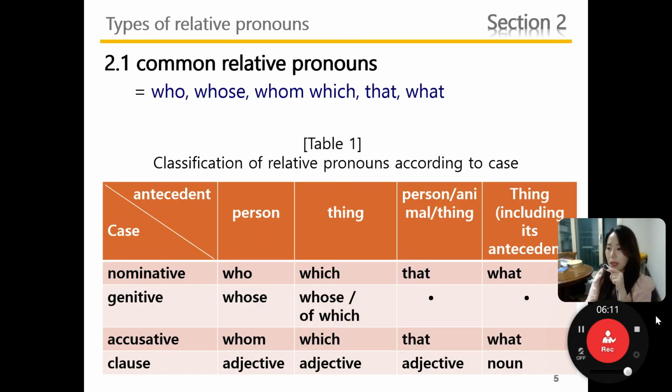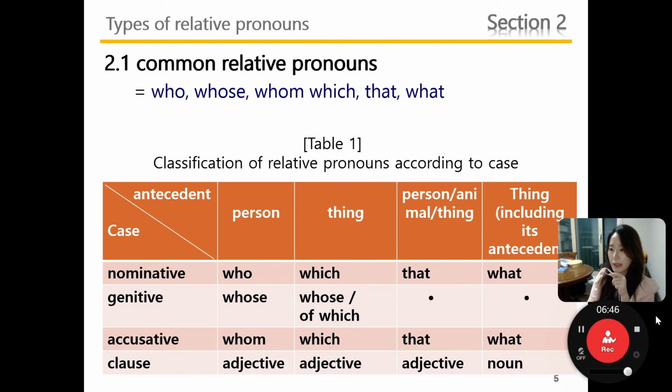Let's now take a look at types of relative pronouns. Relative pronouns can be divided into three types: common relative pronouns, compound relative pronouns, and pseudo relative pronouns. In order to understand the meaning of a relative pronoun in a relative clause, it's important to understand first which type of relative pronoun serves which role in a given context.